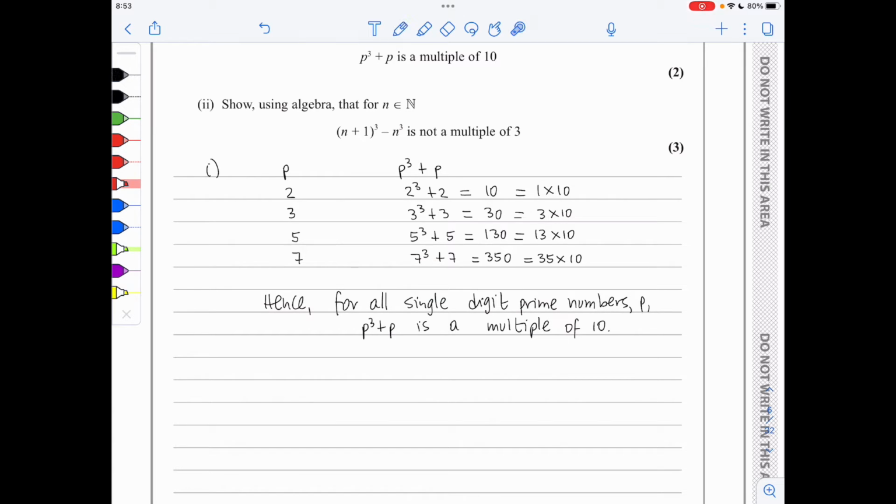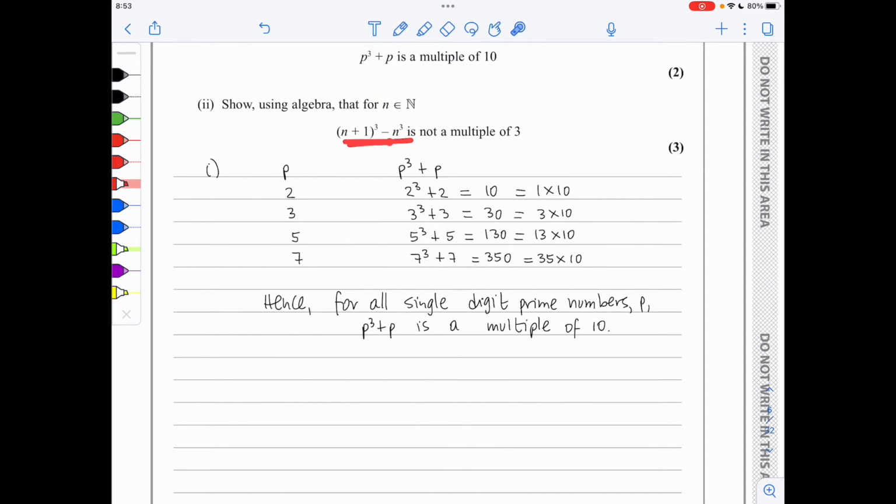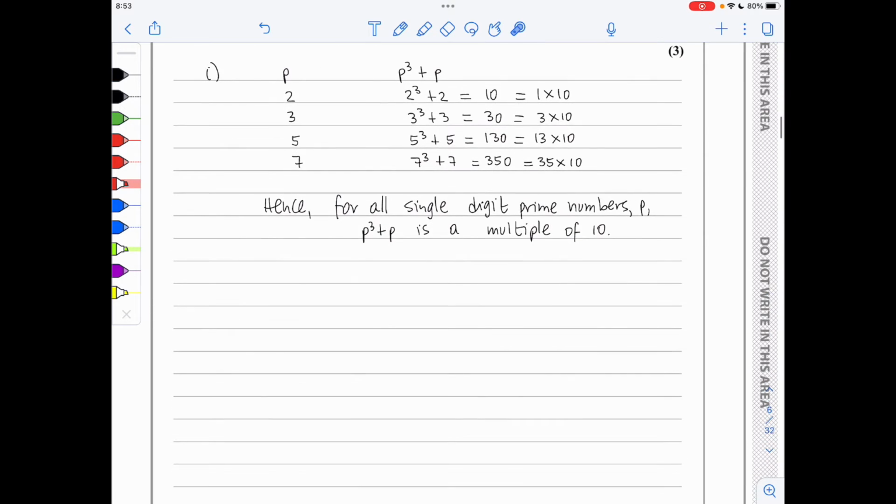In II, we need to show using algebra that for n in the naturals, this means that n is a positive integer, then n plus 1 cubed minus n cubed is not a multiple of 3. So I will actually start by considering exactly what I'm given, the n plus 1 cubed minus n cubed.